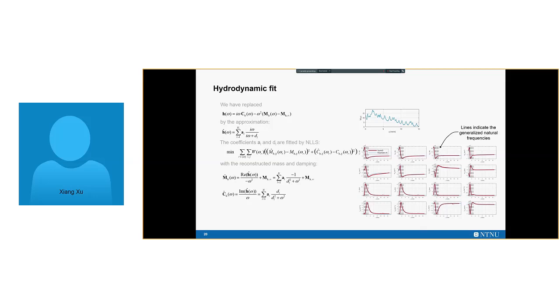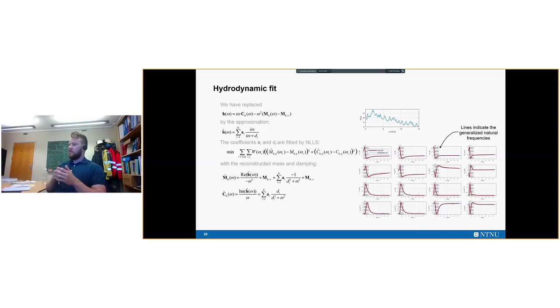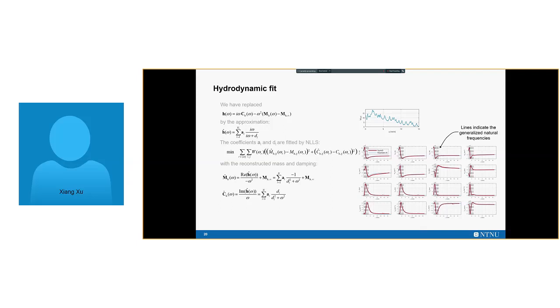It's 14. Yeah. So the frequency range up to 14 radians per second is just the range we have exported from these HydroD programs. Yeah. But the most interesting part, of course, is before 2, I think. That for the floating bridge.